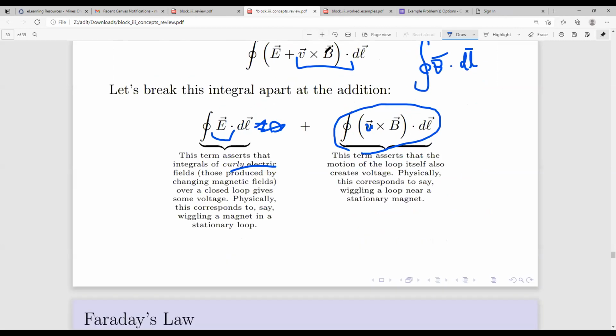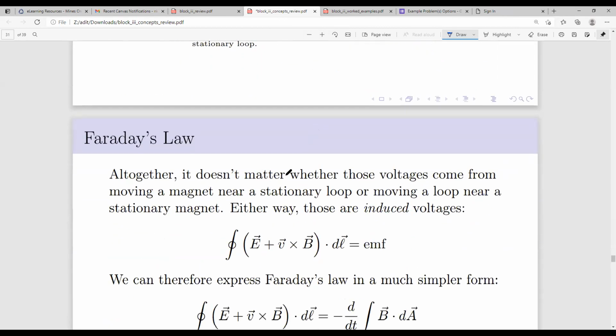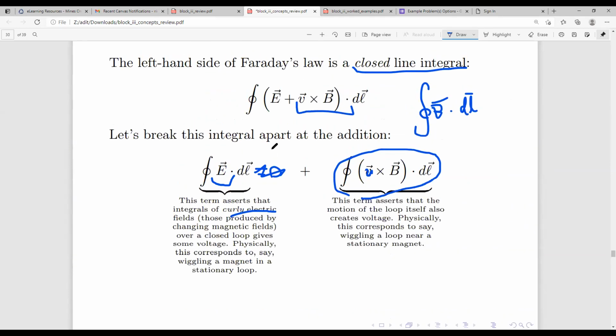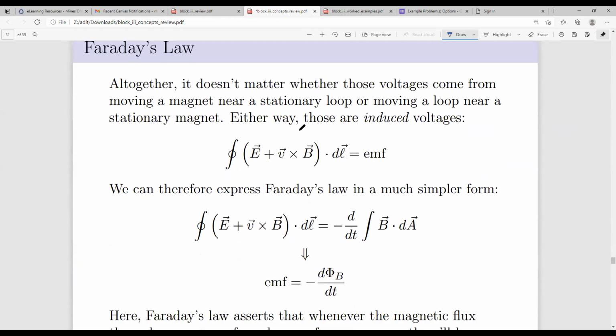But if we look at both of those at the same time and combine them, it doesn't matter whether those voltages come from moving a magnet near a stationary loop or moving a loop near a stationary magnet. It doesn't matter whether it's this term of the left-hand side or this term. Either way, those are induced voltages.